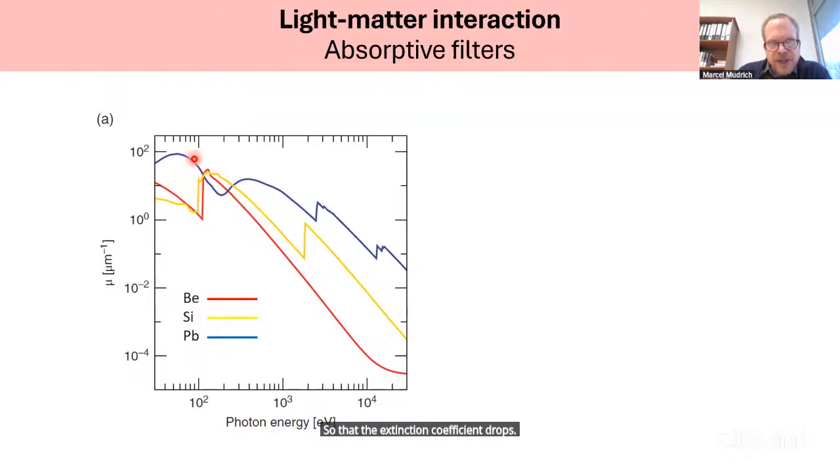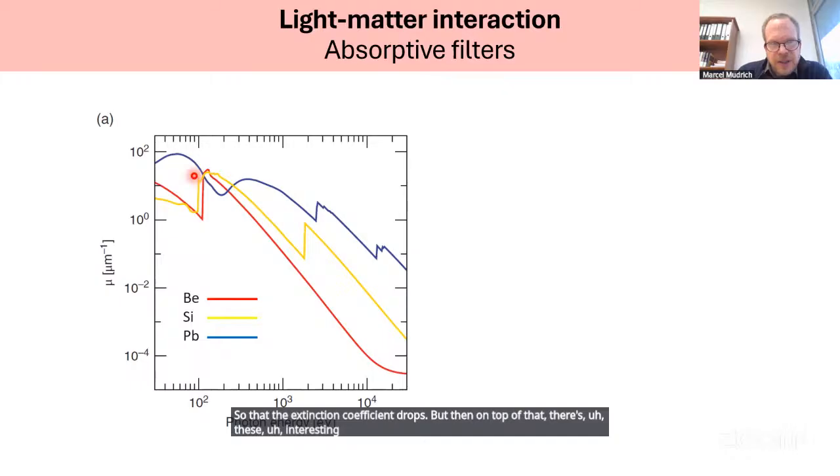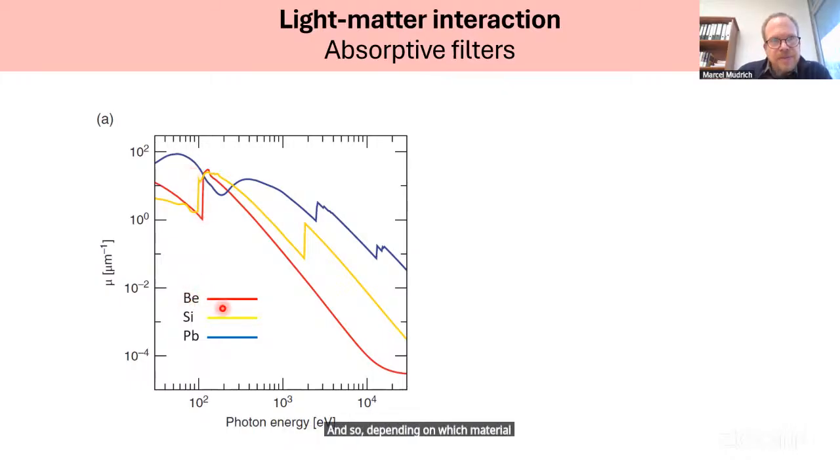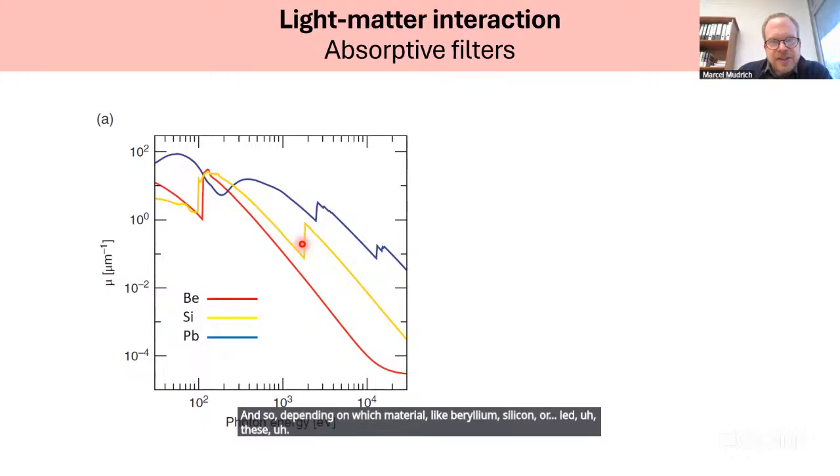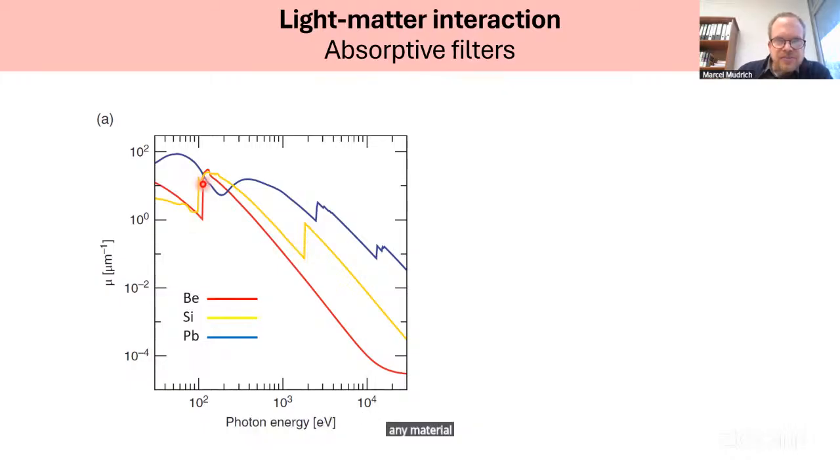But then on top of that, there are these interesting steps. Depending on which material, like beryllium, silicon, or lead, these steps occur at different photon energies, but any material has some kind of steps like this, where the extinction coefficient suddenly jumps up.